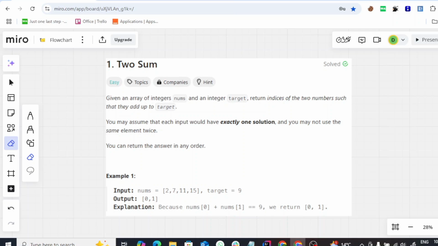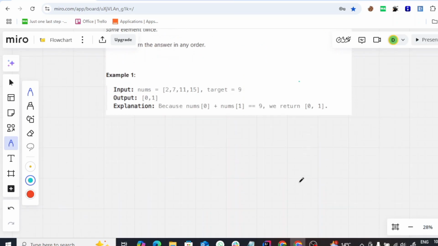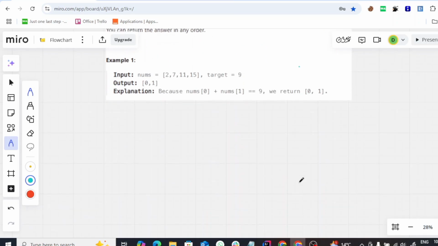Okay, guys, so let me write these things so that you don't forget them. What do you have to do in your first step? In your first step, read the questions carefully.